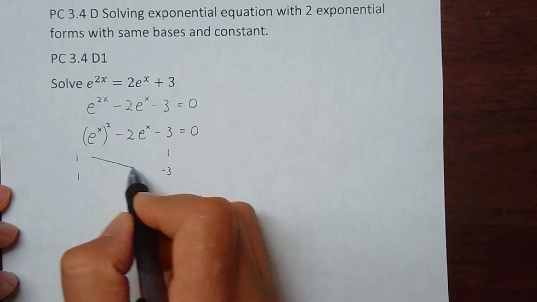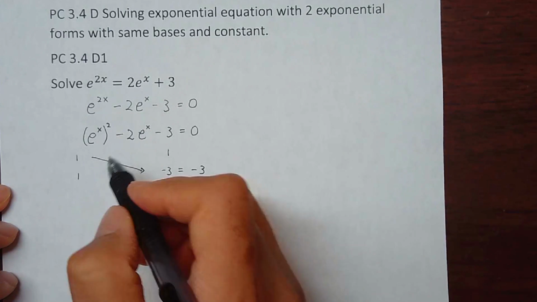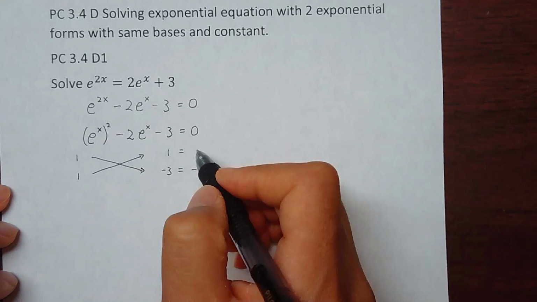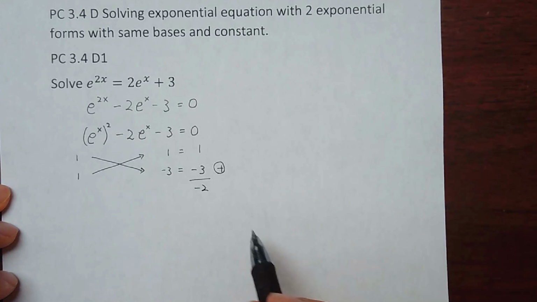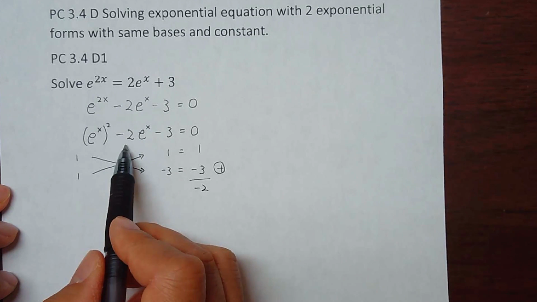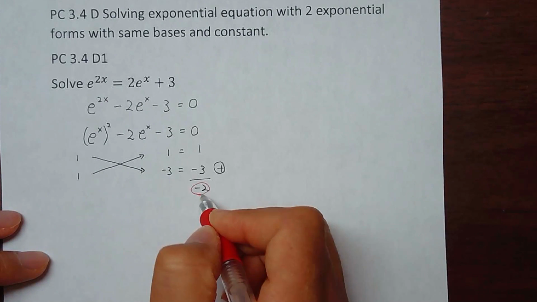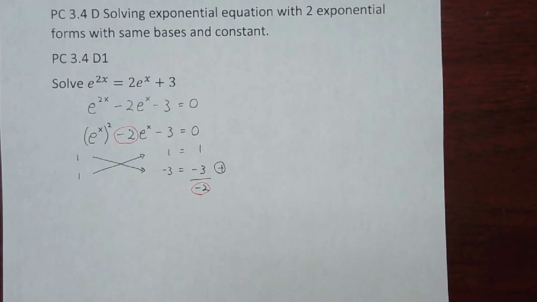When you add them, it makes minus 2, and that number matches the minus 2 in the middle. Minus 2 is matching, meaning we found the factoring form.